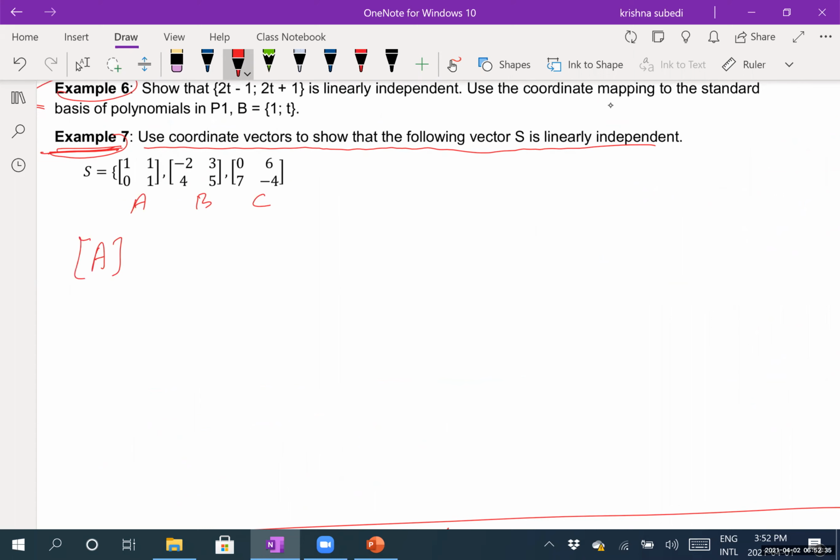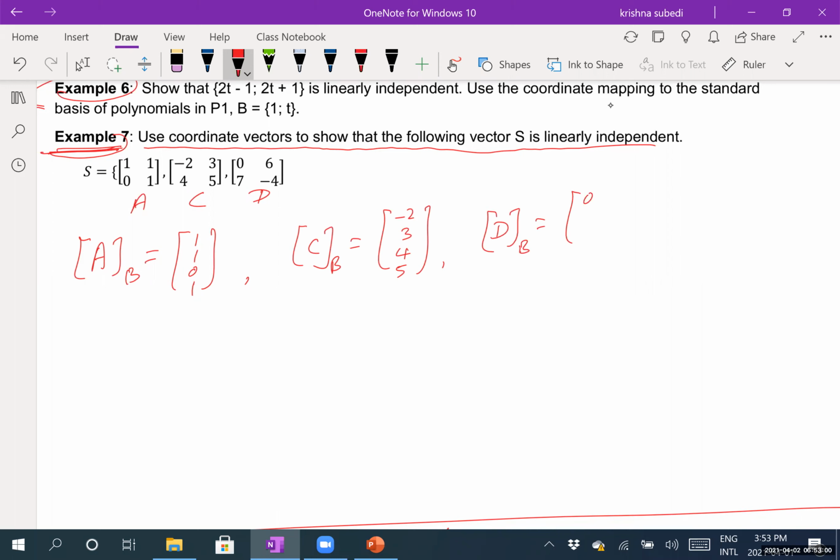So let me write A, C, D. Now the B coordinate of A will be 1, 1, 0, 1. The B coordinate of C is negative 2, 3, 4, 5. And the B coordinate of D is 0, 6, 7, negative 4.